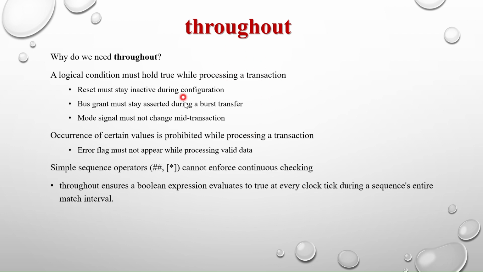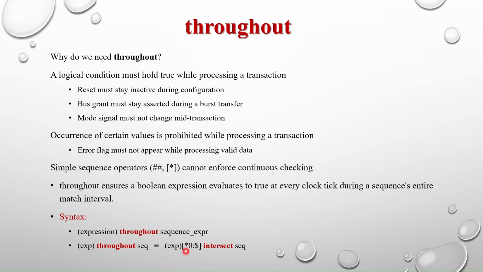So we'll see how to use the throughout operator. This is the Boolean expression. It evaluates to true at every clock tick during the sequence's entire match interval. The equivalent form is expression [*0:$] intersect sequence. The same thing can be written using the intersect operator.